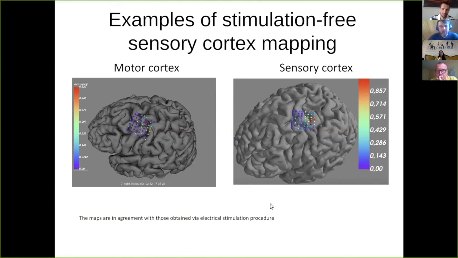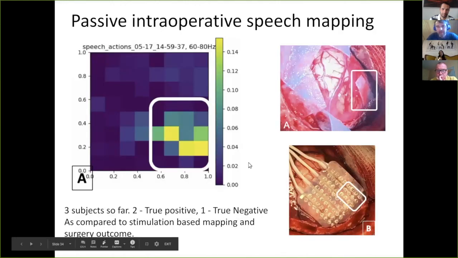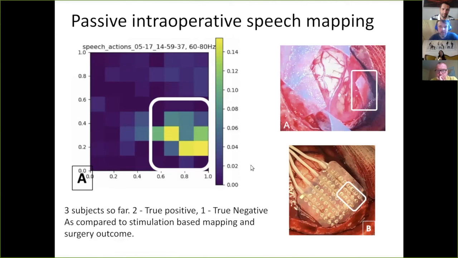Okay. So we can also do speech mapping, also in a passive way without stimulating, because the standard procedure is that the patient is woken up during the surgery and you show the patient certain pictures of certain actions or objects, and the patient has to name the objects or actions, and you stimulate and see at which moment, when you're stimulating which area, this language function gets disrupted.